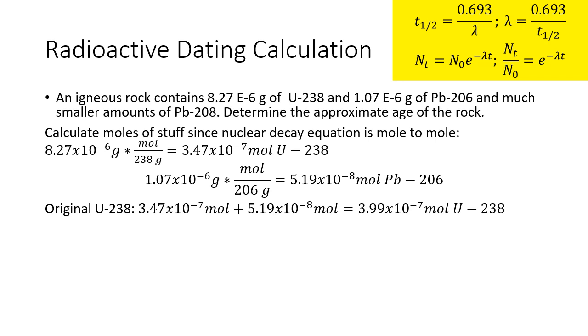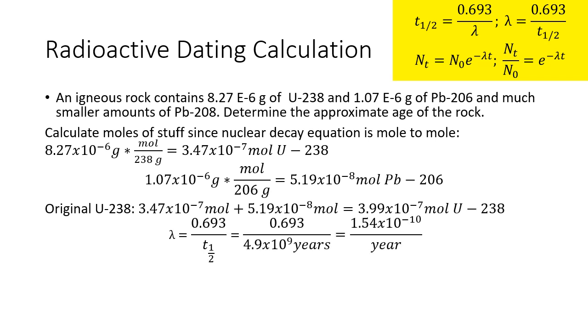We can use our original amount, N0, 3.99 times 10 to the negative 7th moles of uranium-238, and our amount we have right now, which is 3.47 times 10 to the negative 7th, in order to figure out how much time it took to get to that point. So we have our lambda equals 0.693 over T1/2, and we get 1.54 times 10 to the negative 10th per year for that to take place.